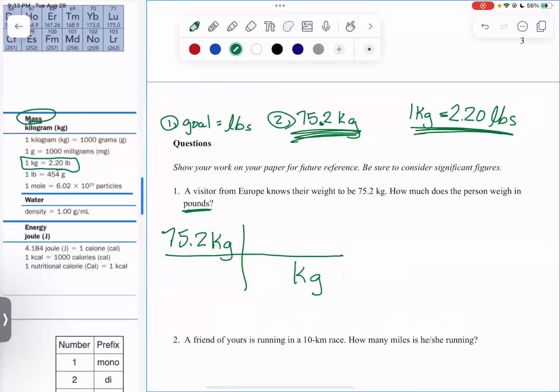I know the relationship between kilograms and pounds, so I can say in 1 kilogram, there are 2.20 pounds. Now if we put that into our calculator, what should we get? You should get 165 pounds. And you should always look at these problems and ask, does that make sense? Is it normal to have a 165-pound person? Sure.